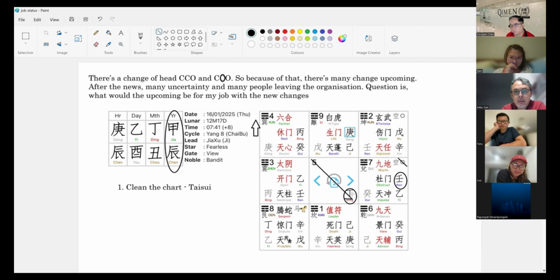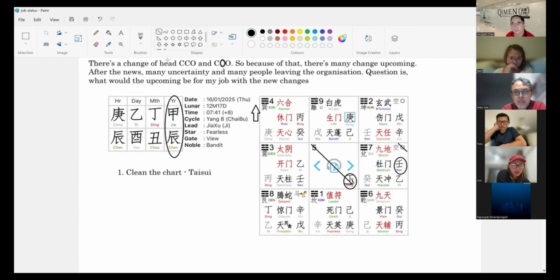So the energy is going to the opposite box of 4. Every time you do a Tai Sui, that particular box's overflow always goes to the opposite side. Don't say that box 4 goes to number 7. It doesn't work that way. It always has to be opposite. So box 6 will receive the energy in this case. Because there's also no emptiness, box 6 is also increasing in energy.